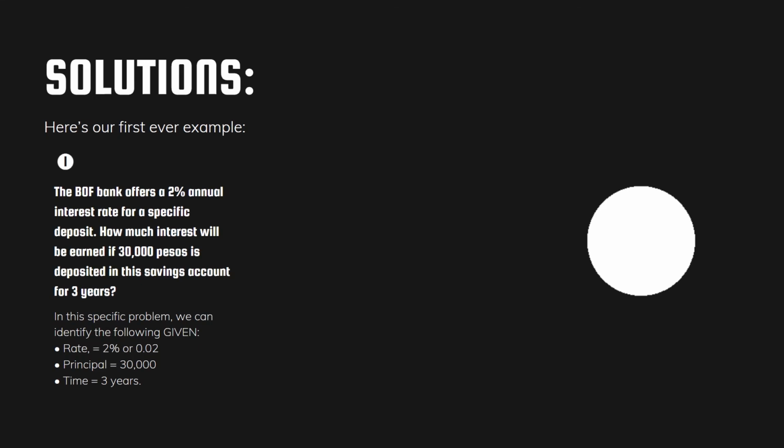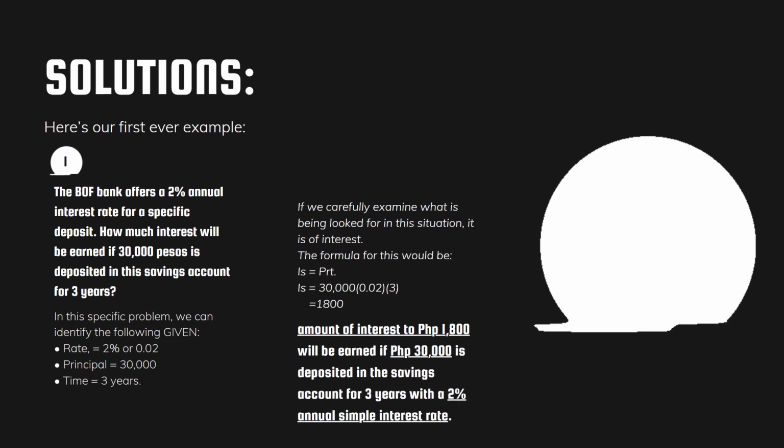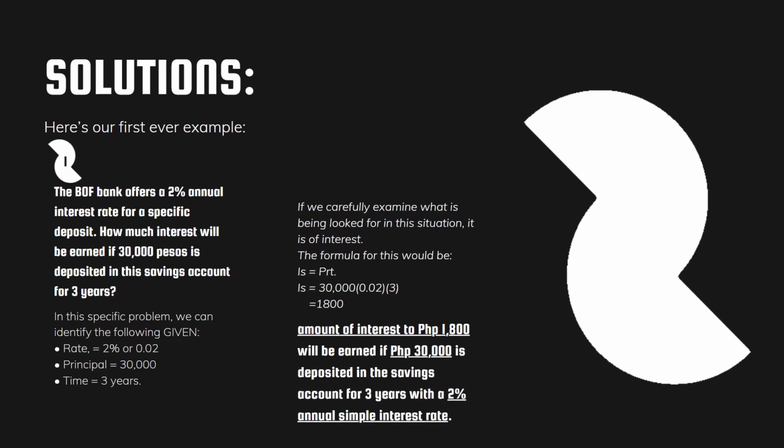In this specific problem, we can identify the following given. Rate equals 2% or 0.02, principal equals 30,000, time equals 3 years.